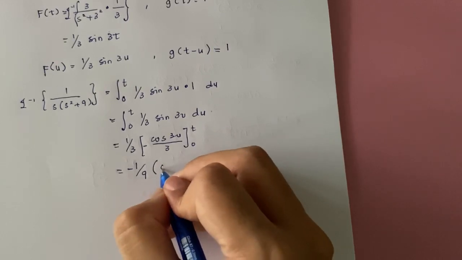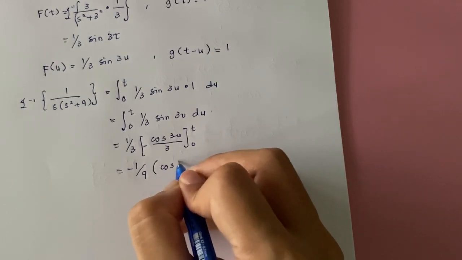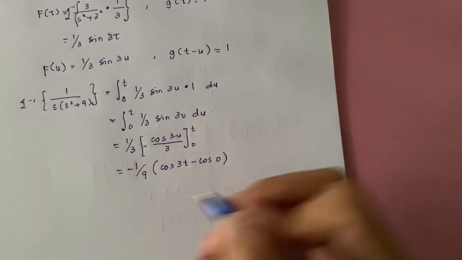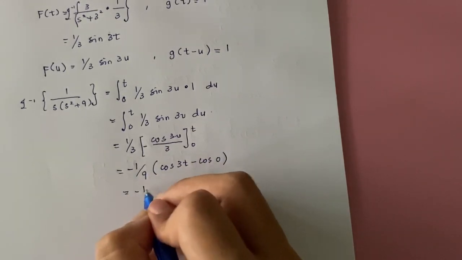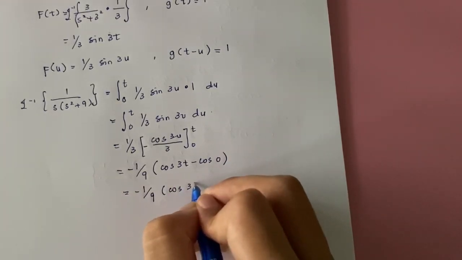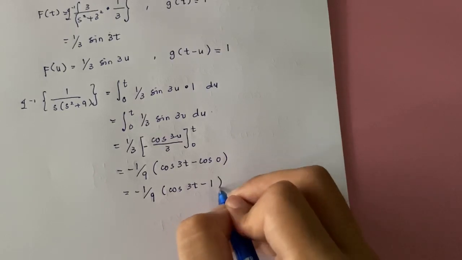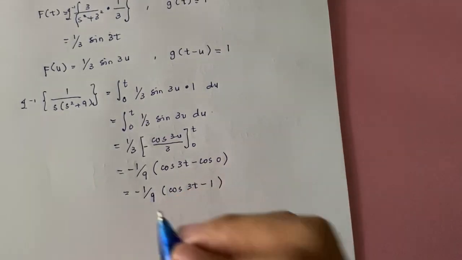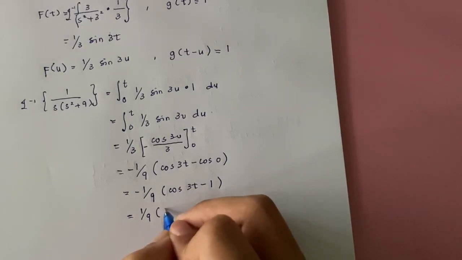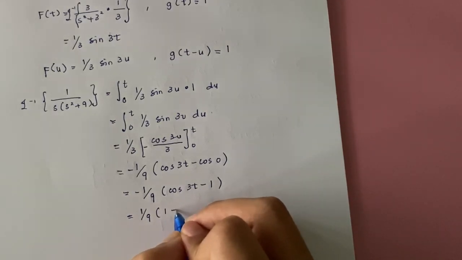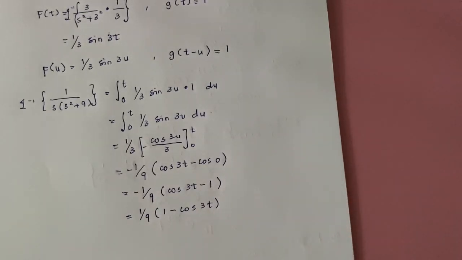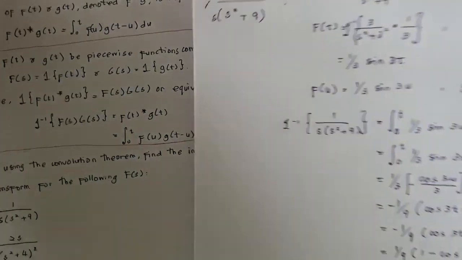So you have cos 3t minus cos 0, so this is minus 1 over 9 times cos 3t minus 1, since cos 0 is equal to 1. Or you can write this as 1 over 9 times 1 minus cos 3t. So this is for the first example.